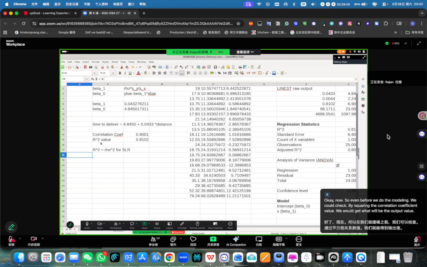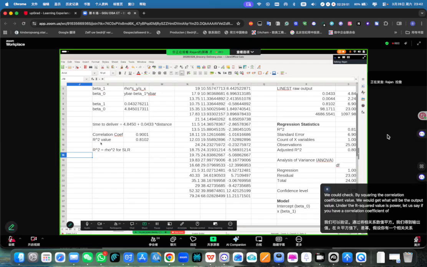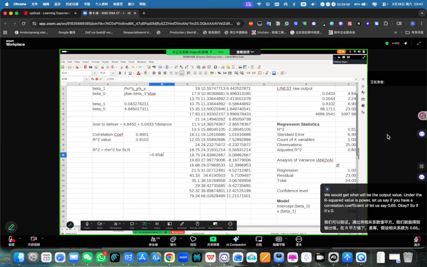Let us say you have a correlation coefficient of 0.65.